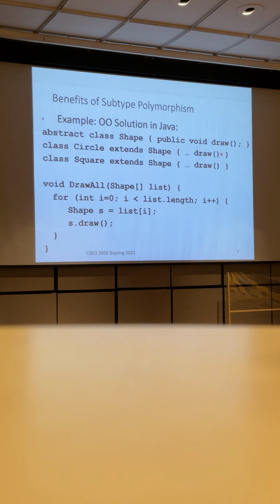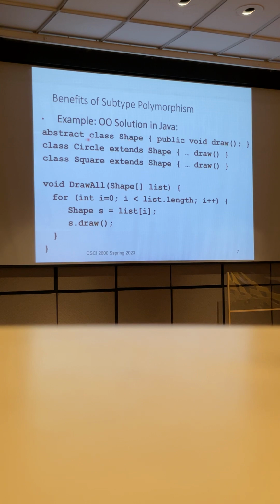Okay? And then, of course, these draw methods can be the same or can be different. It doesn't matter. Our draw all method is universal. Right? It works for all possible shapes. And the guarantee that it does work for all possible shapes is that our class shape defines the method draw.